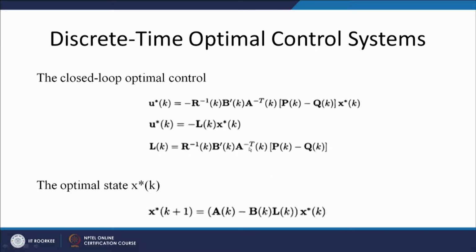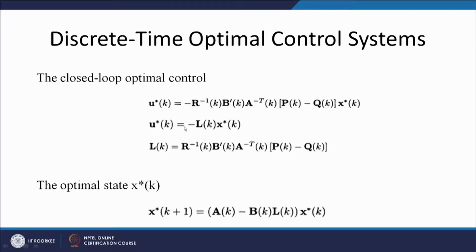The optimal u is minus R inverse B prime times the inverse of A transpose, which we write as A to the power minus T, multiplied with P k minus Q k into x k, where R inverse B prime A inverse transpose P k minus Q k we define as L.